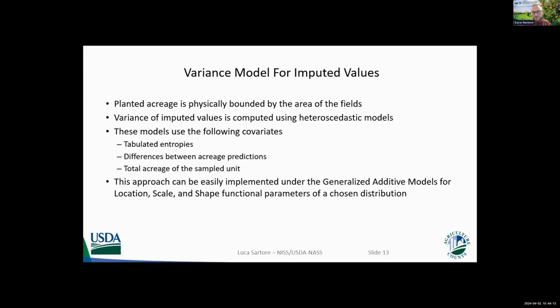We also determine the differences between different prediction models, and the total acreage of the sample units is considered within this modeling technique. The approach is based on generalized additive models for location, scale, and shape functional parameters, and these are developed for a specific chosen distribution.